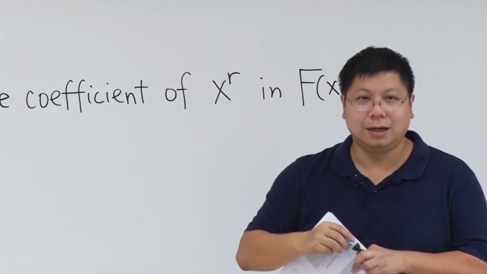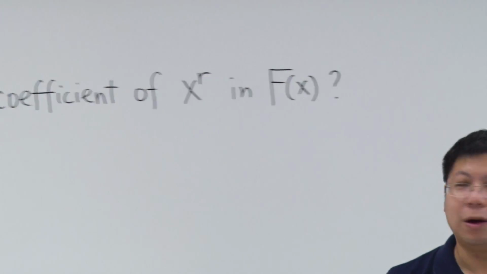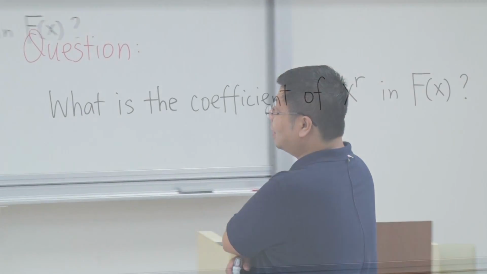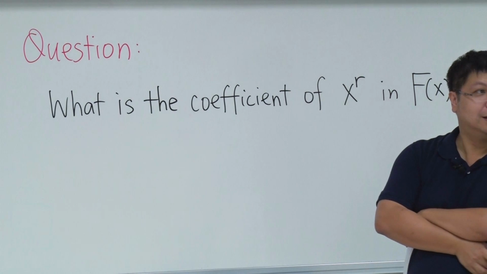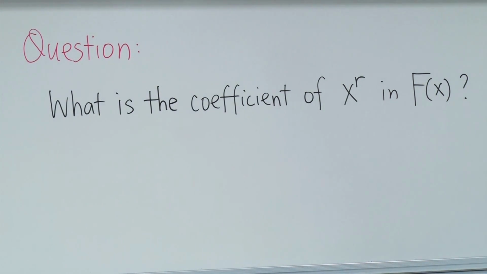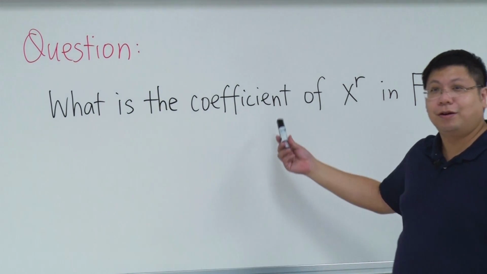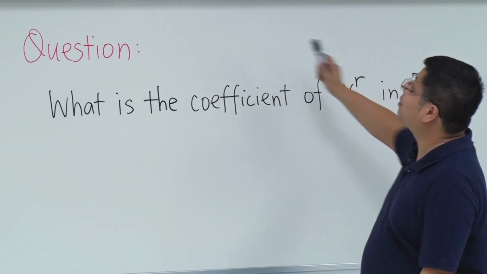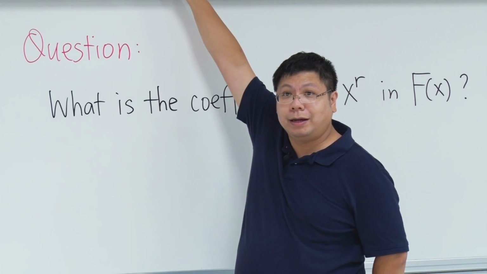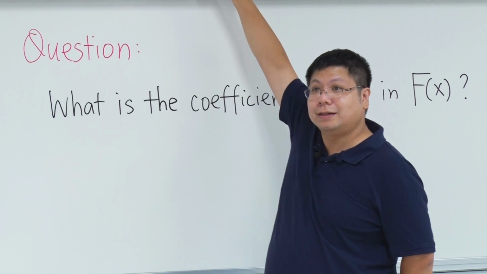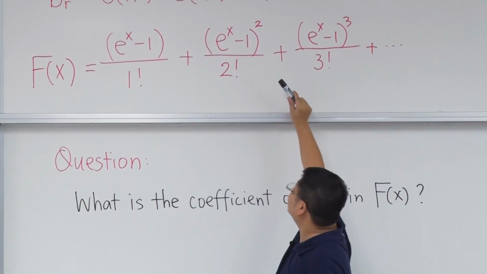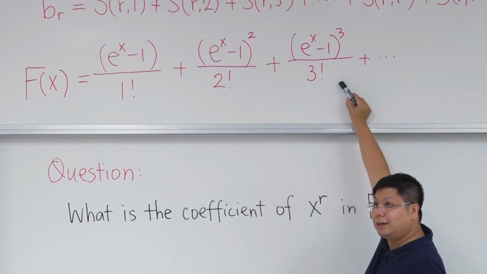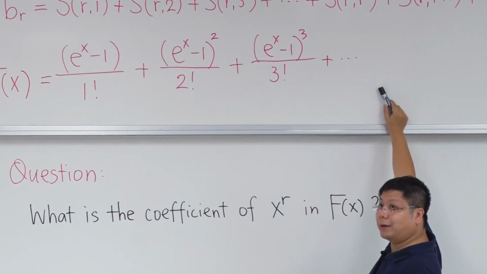What is it? So I want to get the coefficient of x to the power r in f of x, right? To get the coefficient of x to the power r in here, we can get the coefficient of x to the power r here, plus the coefficient of x to the power r here, plus the coefficient of x to the power r here, plus the coefficient of x to the power r here, right?